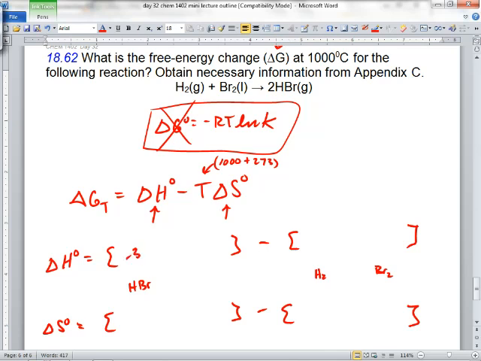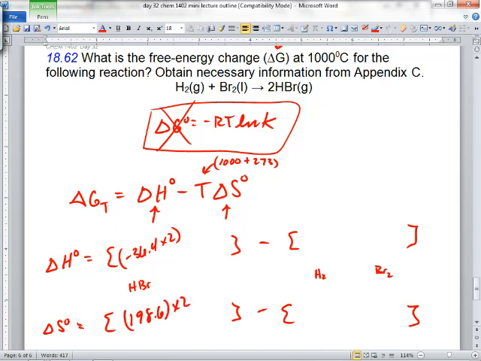Negative 36.44, times 2. Okay, how about the delta S for HBr gas? 198.6 times 2.